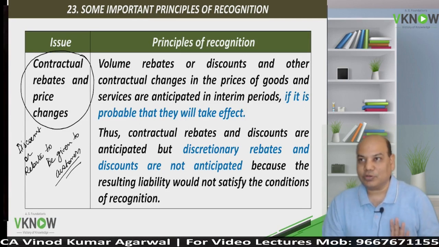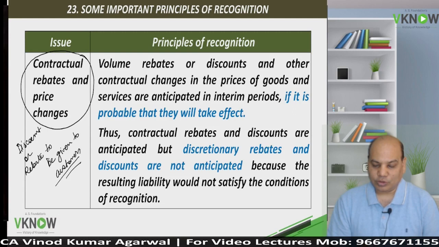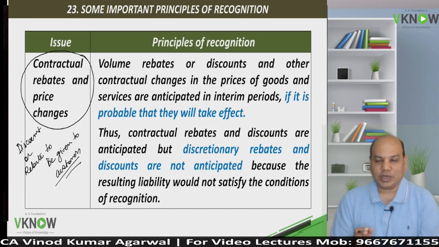First you complete 1000 units and you have given him 1 year target to achieve that sales target of 1000 units. You may be in the quarter 1. In quarter 1 he has not achieved that target. Are you going to make a provision for discount and rebate that you have promised to your customer?